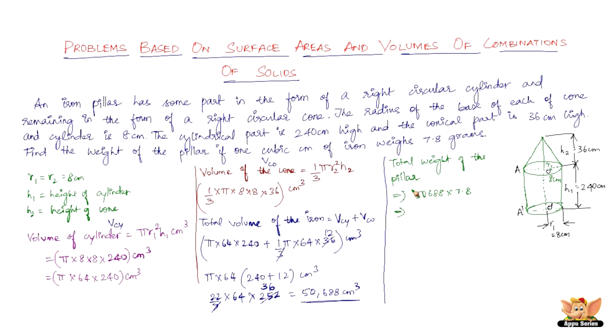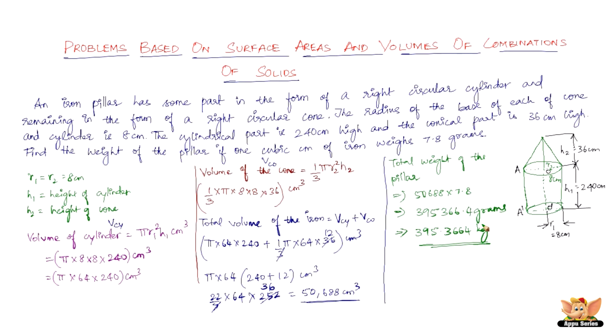So this is going to weigh exactly 395,366.4 grams, which is equal to 395.3664 kilograms, because 1 kg equals 1000 grams, and you divide this by 1000, you get this. So therefore, the weight of the pillar, if 1 cubic centimeter of iron weighs 7.8 grams, is 395.3664 kgs. So that's all.